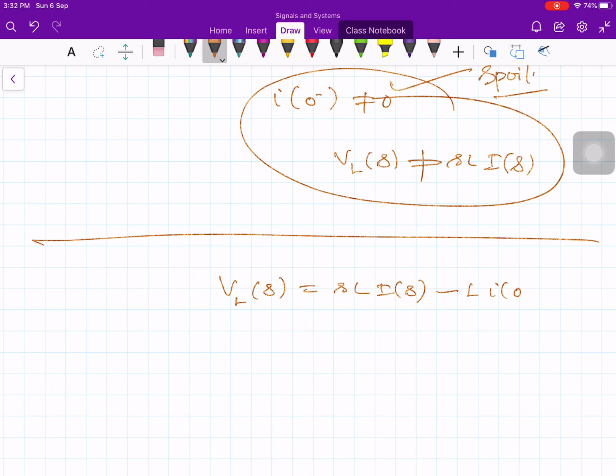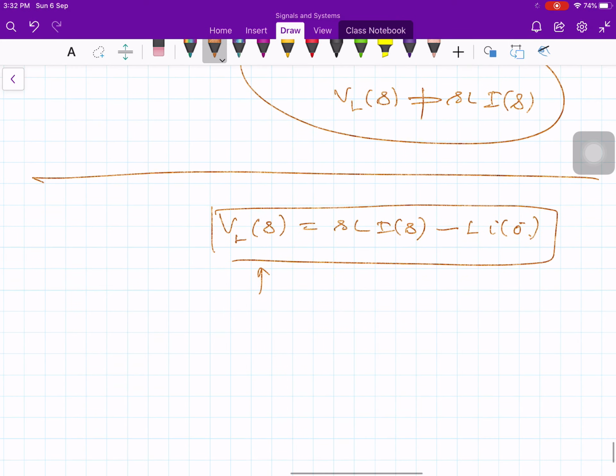Now this thing can be represented in terms of a figure, by means of a circuit representation. So we have an inductance L, and we can think of that as having a generalized impedance. Now this generalized impedance is SL, and current flowing through it is I of s.